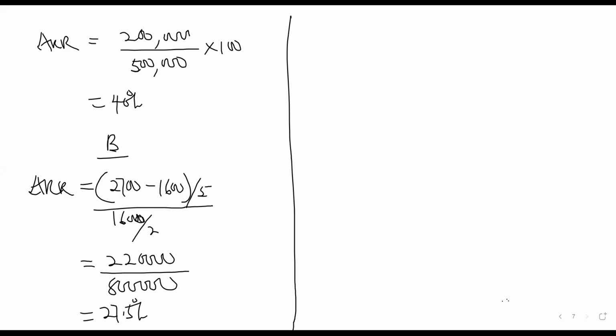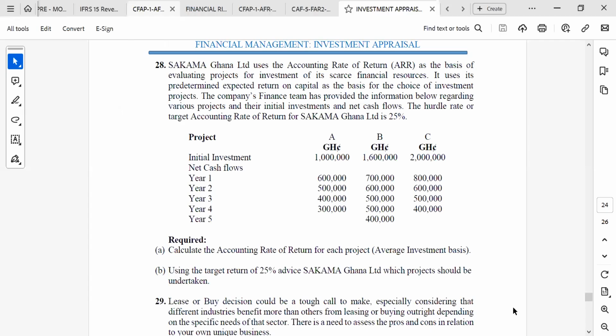Okay, so you come to C, your accounting rate of return. You can also apply the same principle to that one. So we have 800 plus, what will be the total profit for the 5 years? 600 plus 500 plus 400. That will give you 2,300.